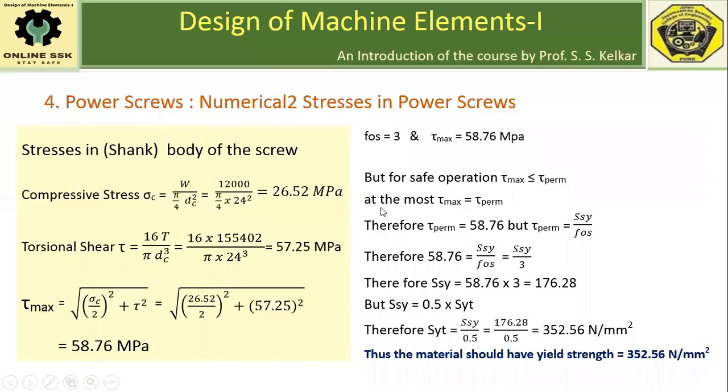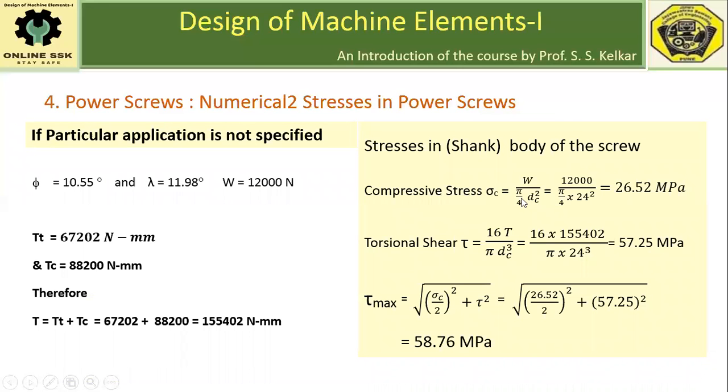On the right hand side, the calculation for stresses inside the body of the screw, or shank of the screw, is being done. Sigma c, the compressive stress inside the body of the screw, is given by W upon pi by 4 dc square. W is known to us, dc is also known to us. So sigma c is equal to 26.52 megapascal or Newton per millimeter square. Torsional shear stress is given by 16 T upon pi dc cube. 16 multiplied by T, the total torque calculated in the previous slide.